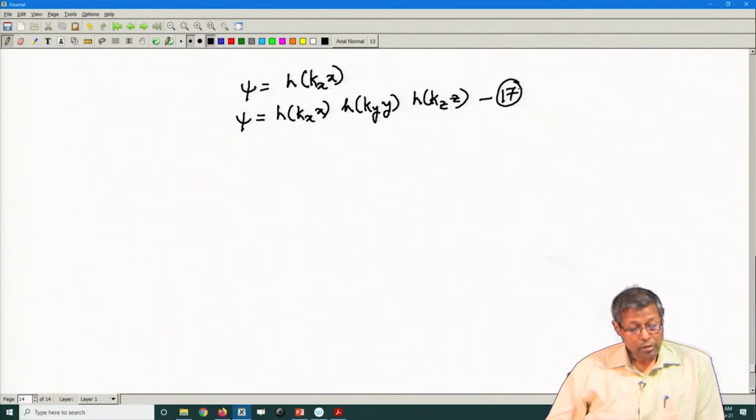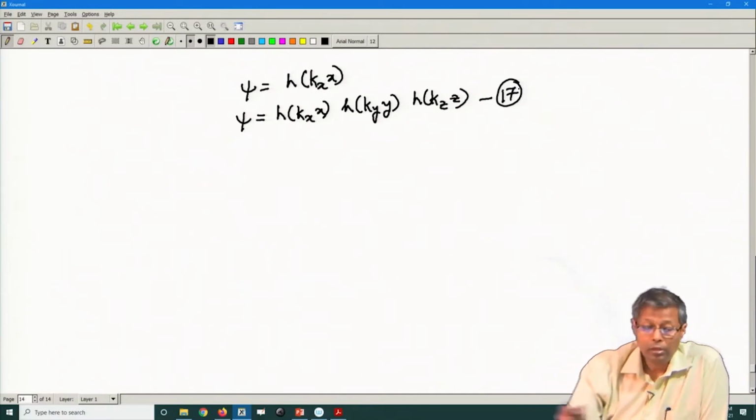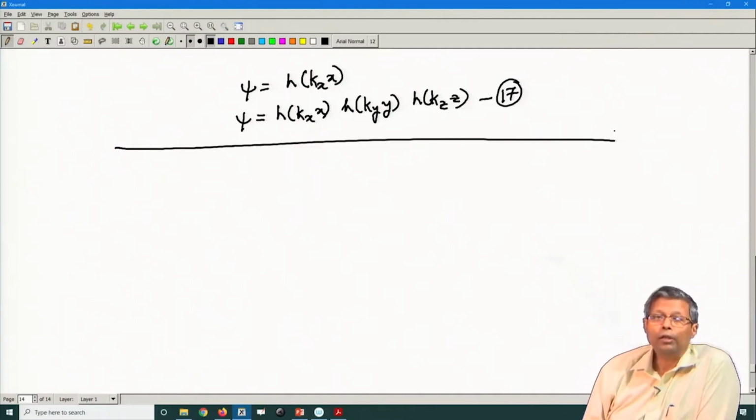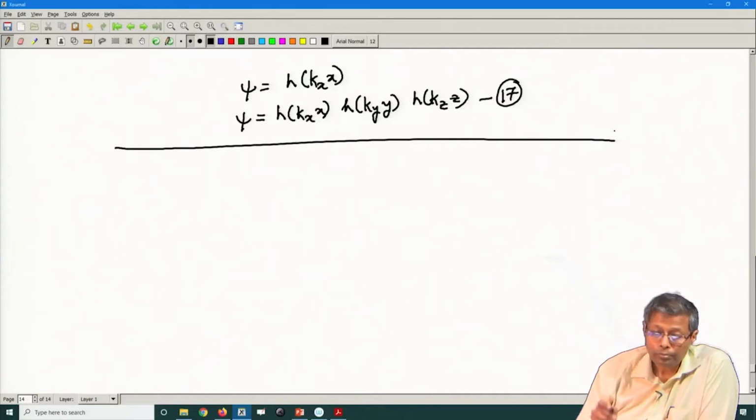So, next we deal with the problem of radiation from an electric current source in a homogeneous medium.